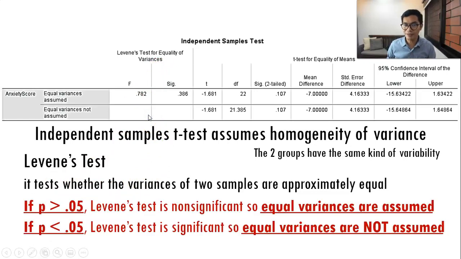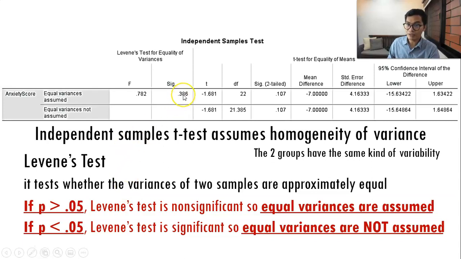How do we know if we can assume equal variances between the two groups? If the p-value or significance value is greater than 0.05, then Levene's test is non-significant, which means that we can assume equal variances. But if the p-value is less than 0.05, then it's significant, so equal variances are not assumed.